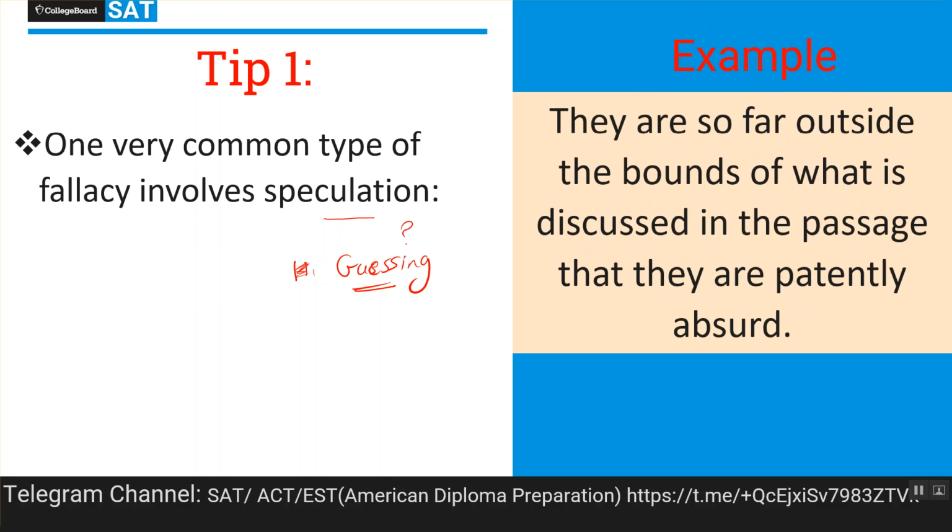They are so far outside the bounds of what is discussed in the passage that they are patently absurd. You're going to find that these speculations are outside your passage. These speculations or guesses are outside what is actually true in your passage. Maybe you consider this logical, but for the passage, it's not logical and it's not correct in your test.